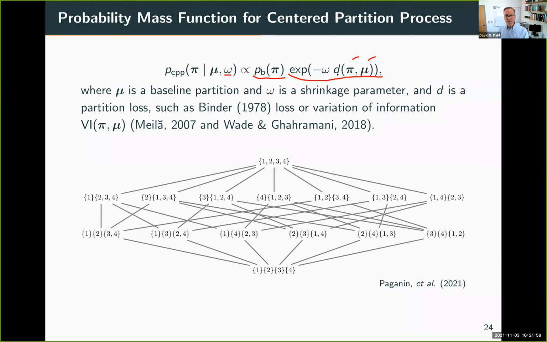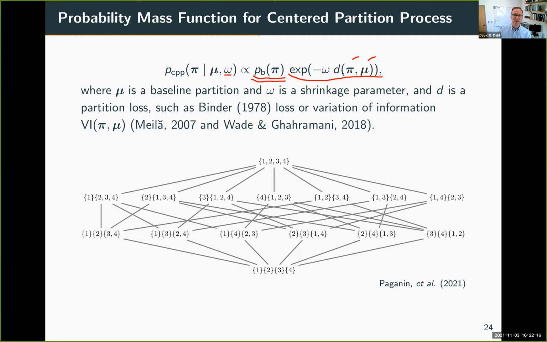the distance is measured by, say, the Binder loss function, or as they recommend in their paper, the variation of information loss. The point is that when pi is the same as the baseline, the distance is 0, so there's no penalty relative to the baseline.